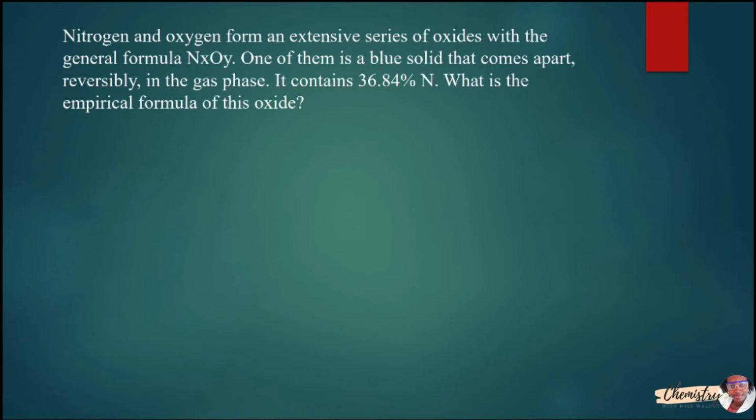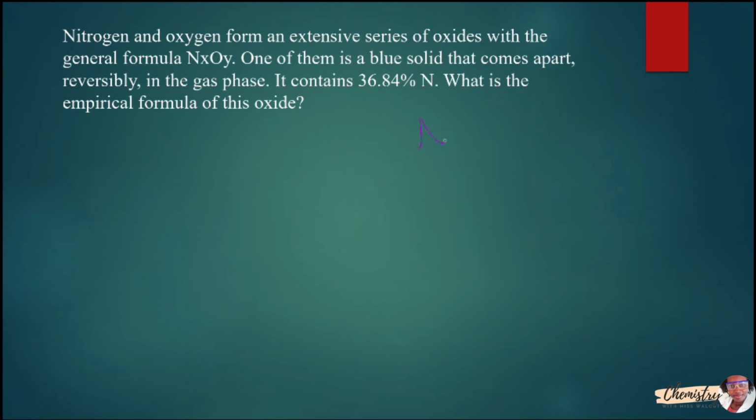This question says nitrogen and oxygen form an extensive series of oxides with the general formula NxOy. One of them is a blue solid that comes apart reversibly in the gas phase. It contains 36.84% nitrogen. What is the empirical formula of this oxide?